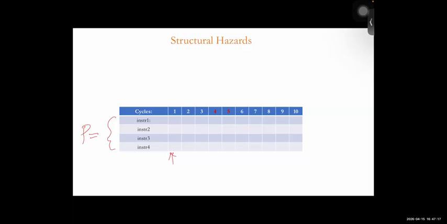Now you tell me, instruction 1 enters into the pipe, correct? In the second cycle, instruction 1 enters into the instruction decode stage of the pipe. So the instruction fetching stage becomes free, and instruction 2 enters into the pipe. So there are two instructions in the pipe.